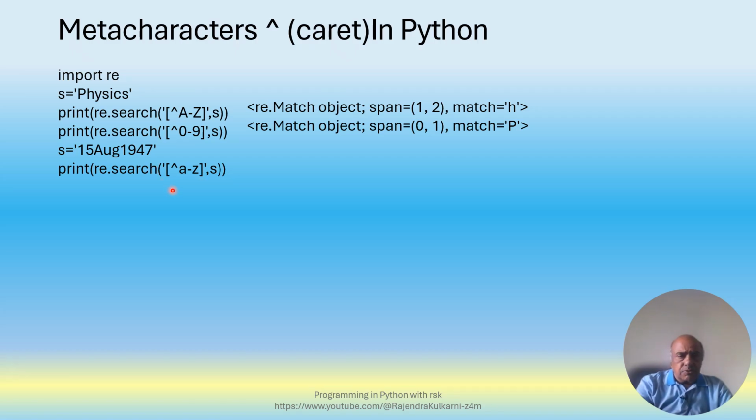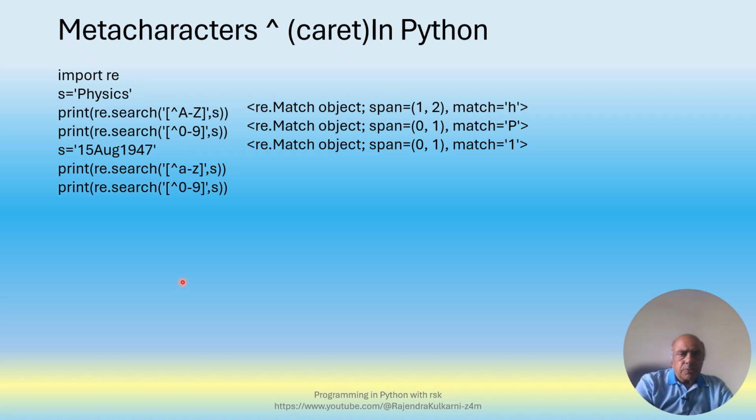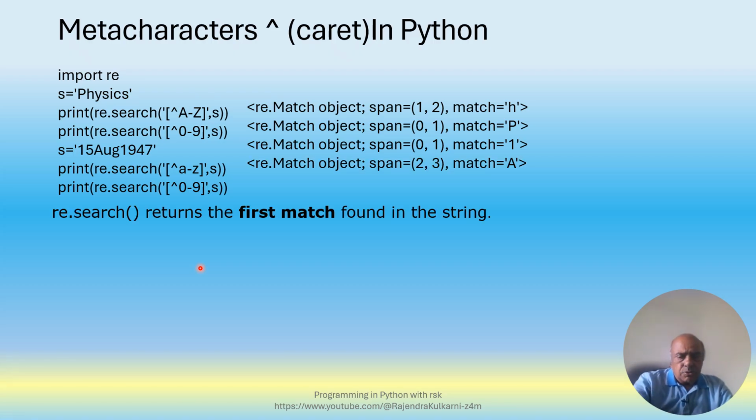So what we expect as the output, the first match will be 1, because it is not a small cap lying between A to Z. Then we go for re.search not 0 hyphen 9. So the output we expect is the first character matching the criteria, which is capital A, and that will be the output.